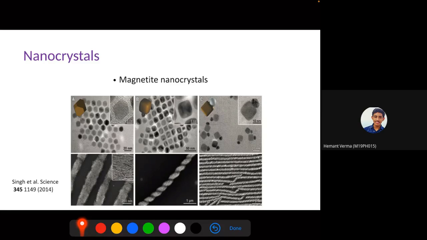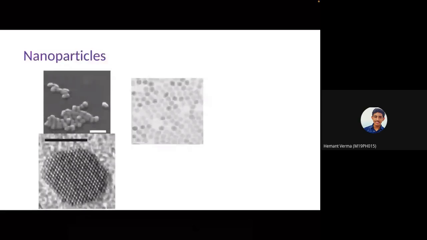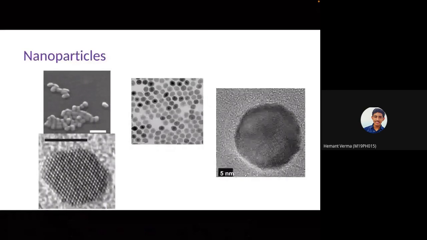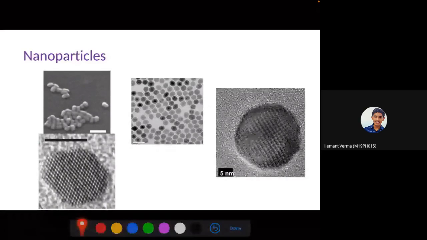Yeah, these are just a few images I wanted to show you so that you have an idea that this can happen at different length scales. The nanocrystals can have different sizes, they can have different shapes, these magnetic clusters. This is how they look under an electron microscope, TEM or SEM, for example.